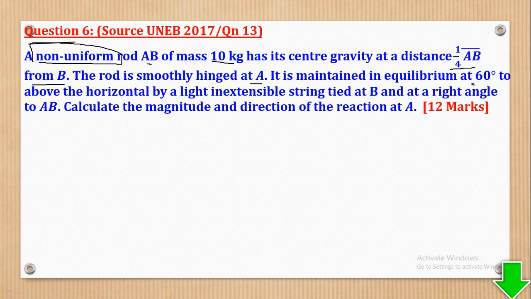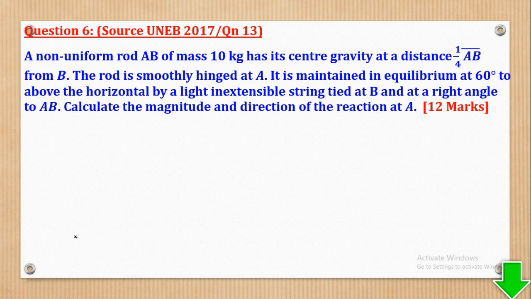It is maintained in equilibrium at 60 degrees above the horizontal. Know that word, because previously we have been dealing with horizontal rods. Now this one is inclined at an angle of 60 degrees above the horizontal by a light inextensible string tied at B and at right angles to AB. All those points are worth noting. Calculate the magnitude and direction of the reaction at A.